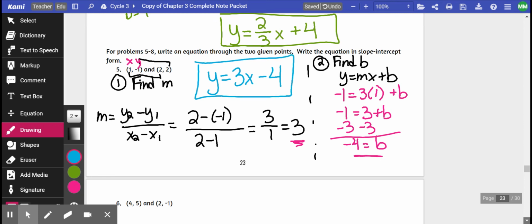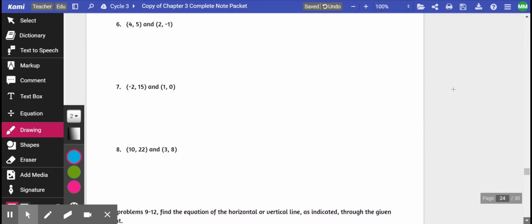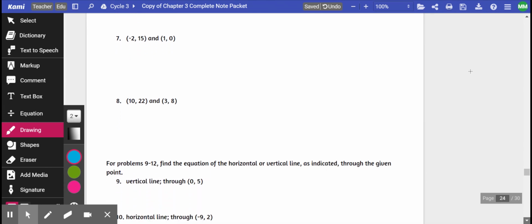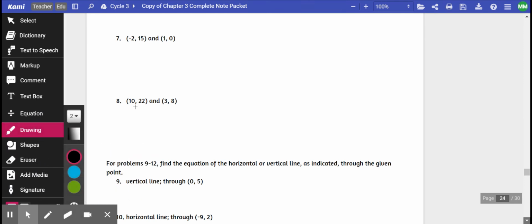Let's do another one like that. So turn to the other page. Let's do number 8. So we have to find both m and b. So I'm first going to find m.